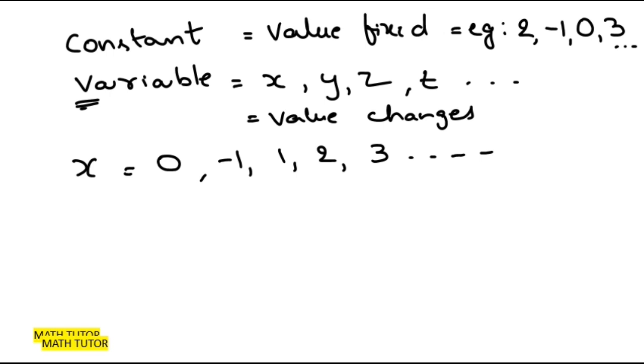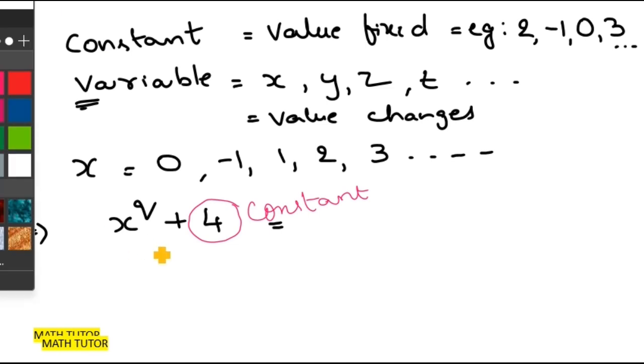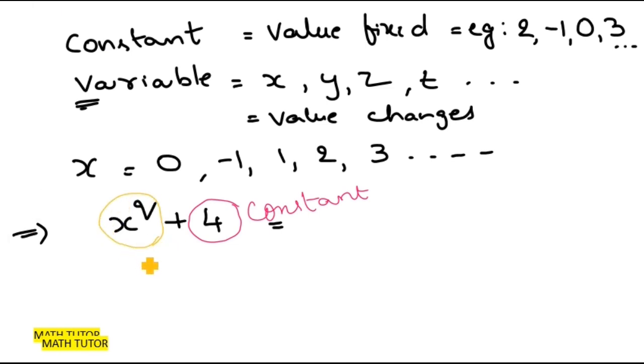Let us take an example. x² + 4. This is an algebraic expression, right? What is the constant here? The constant is 4. And what is the variable here? x is the variable.